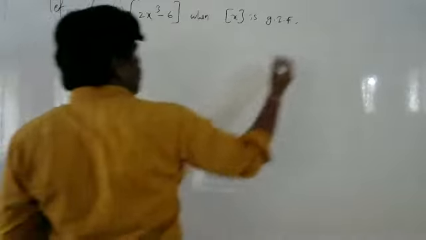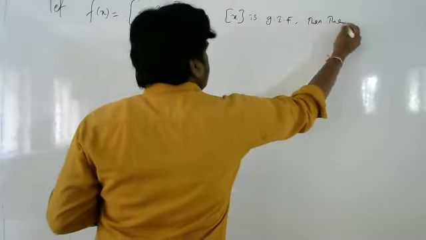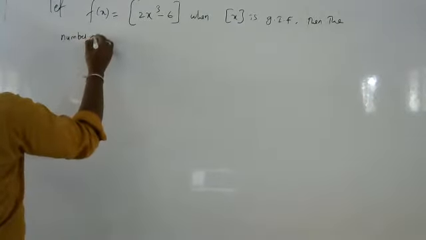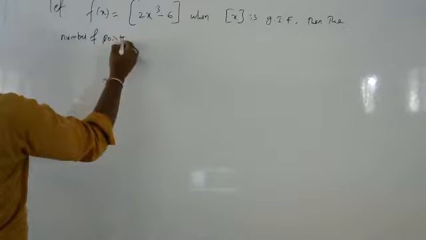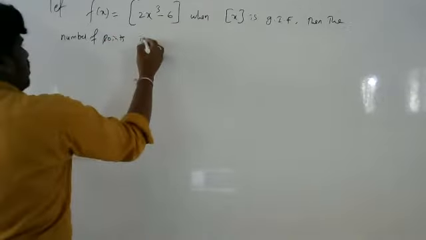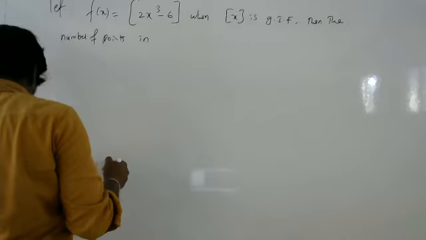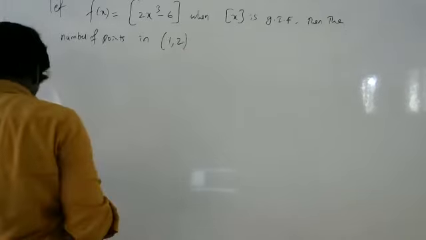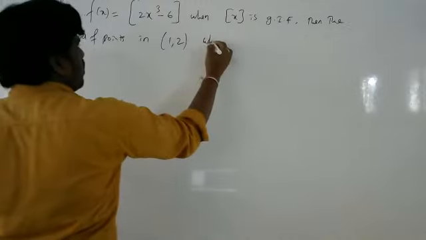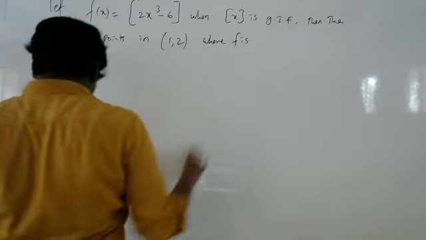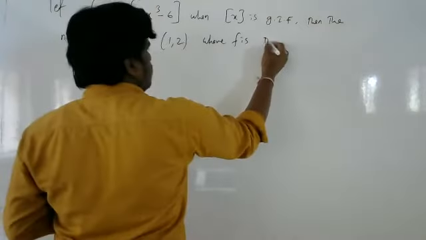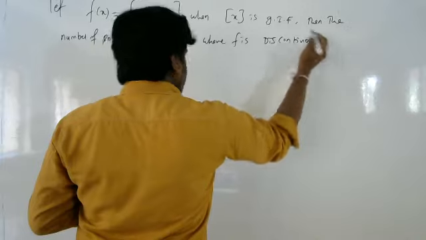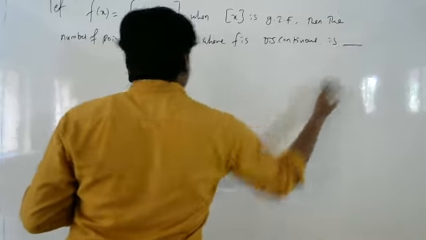Then the number of points in the open interval 1 comma 2 where f is discontinuous is dash.